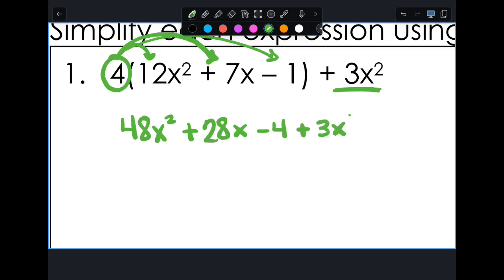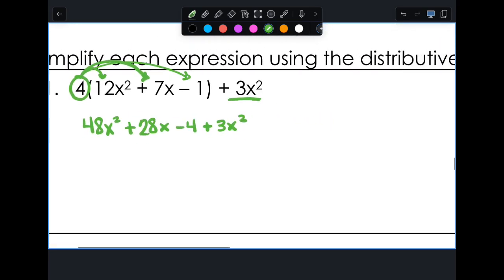Now, does anybody notice something about this expression? First, you distribute. What can I do with this expression to make it smaller? Yeah, combine what? Not all of them. What can you combine? Not all the x's.